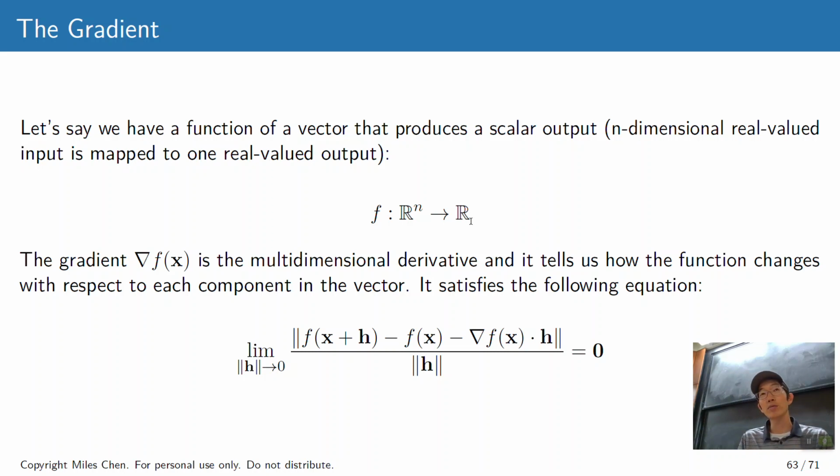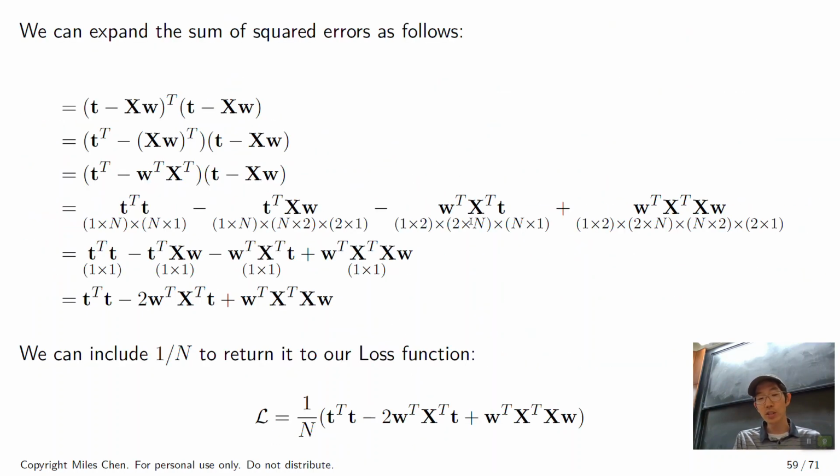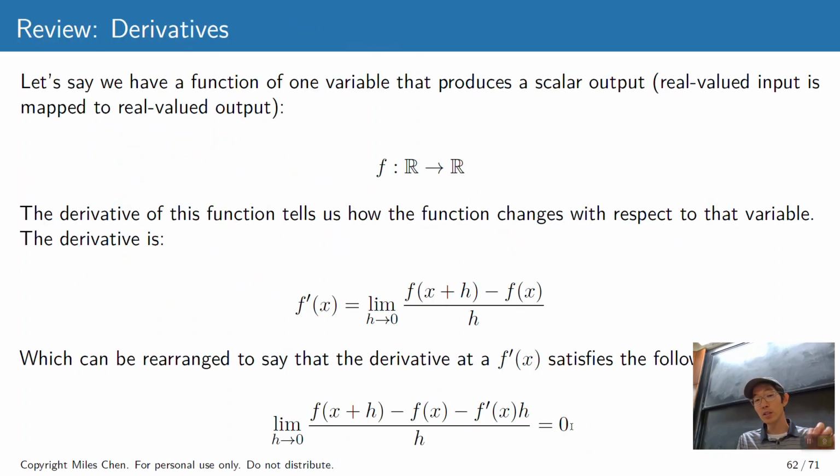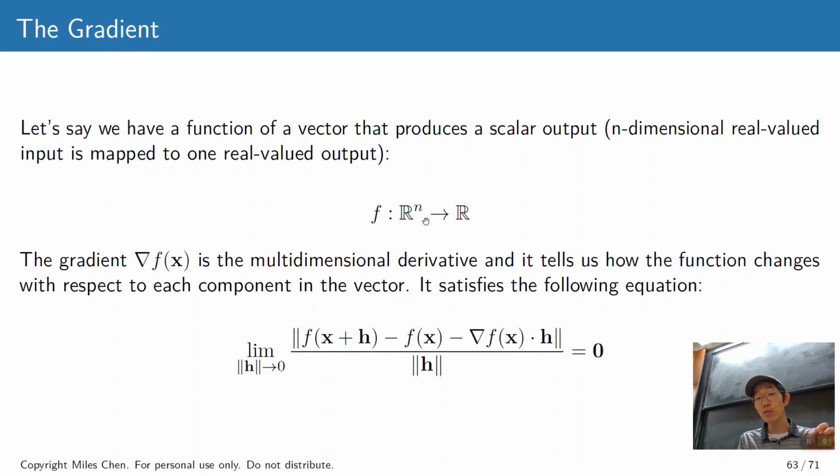That's what we have with our loss function. Our input is w: we want to figure out the intercept and the slope, so we have two values going in. Depending on what intercept and slope we have, we get a different sum of squared errors, or mean squared error, I should say. And so we're going to find the h that satisfies this.